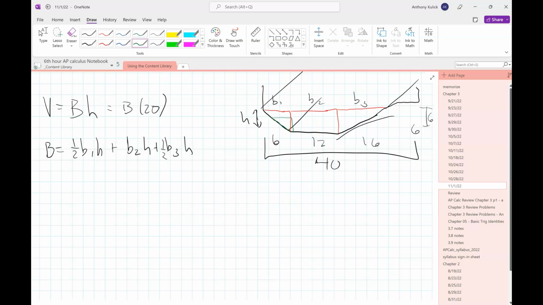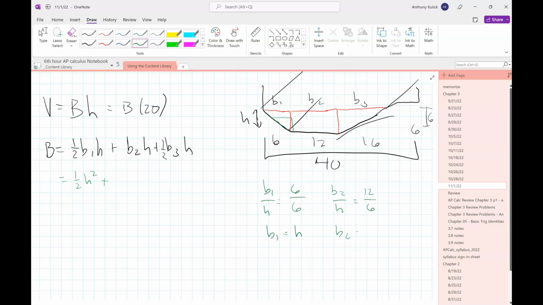Similar triangles, right? So I can say B1 over H is going to equal 6, and then the height there is 6. So there I can just say B1 is equal to H. So this would be 1/2 H squared there. And the next one I can say B2 over H is going to equal 12 over 6.